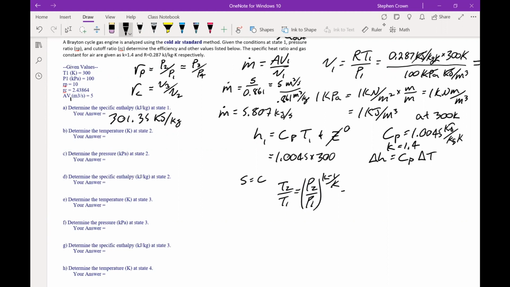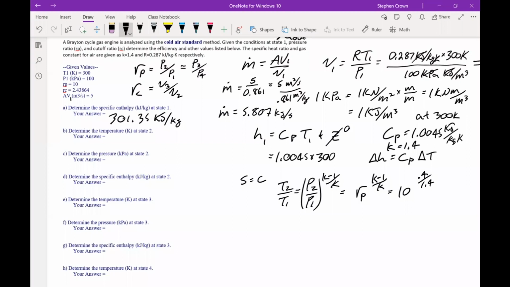So we've got P2 over P1 is our pressure ratio, RP, to the K minus 1 over K, which should simply be 10 to the power 0.4 over 1.4. And when we put that in a calculator, we get 1.931. And then multiplying by T1.